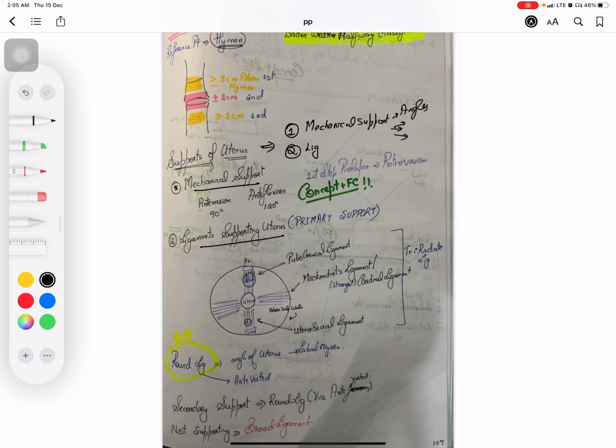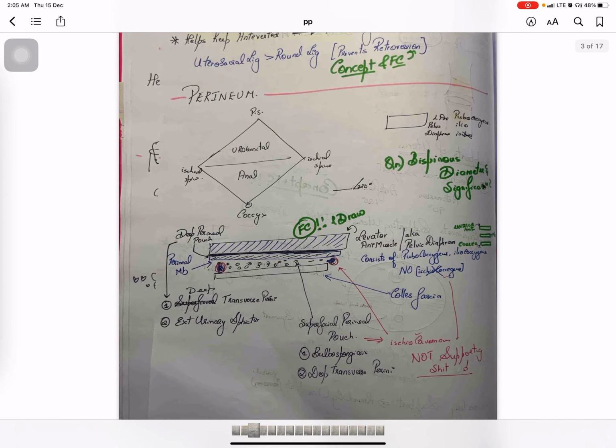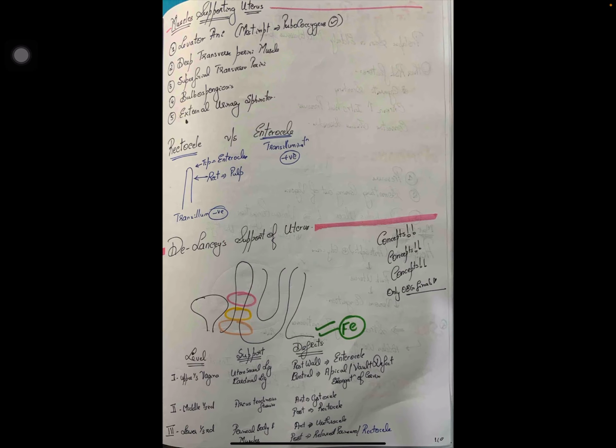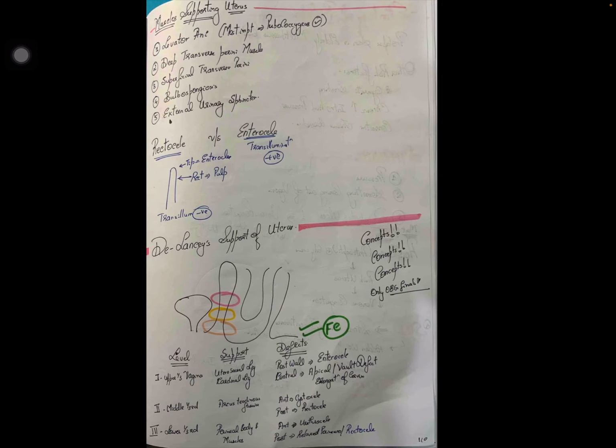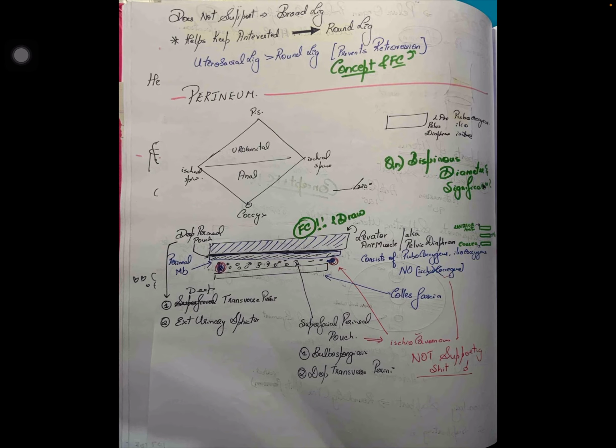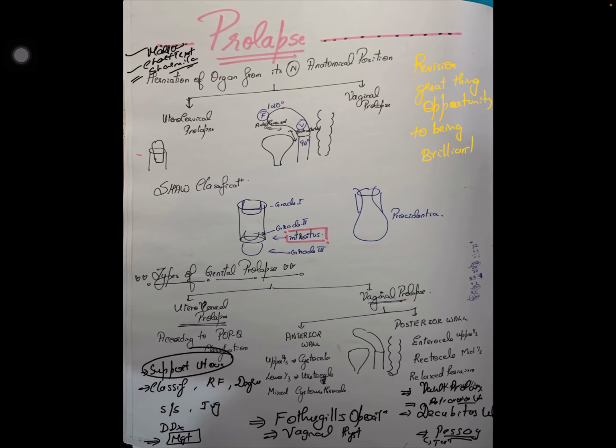Then we have the muscular support, and fourth very important point, we're going to talk about the De Lance's concepts. So if you see, we also discuss here perineum, okay, all that. De Lance's support, muscle supporting, and yeah. So this is going to be support.